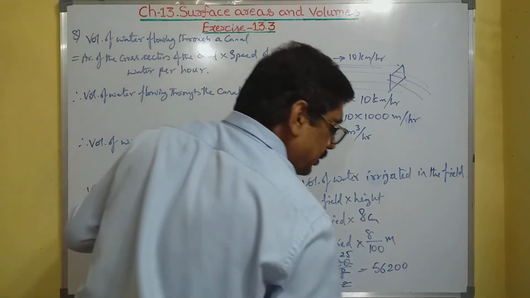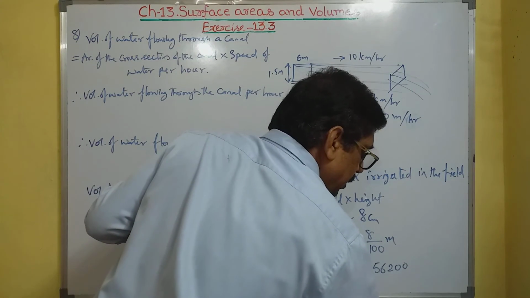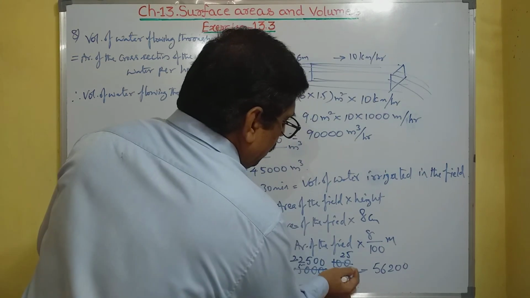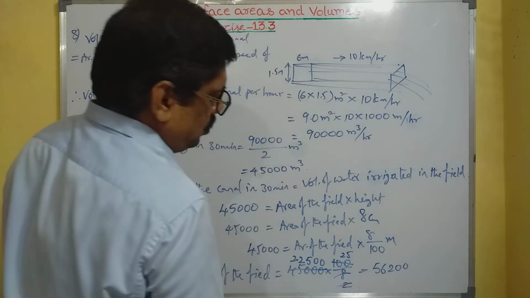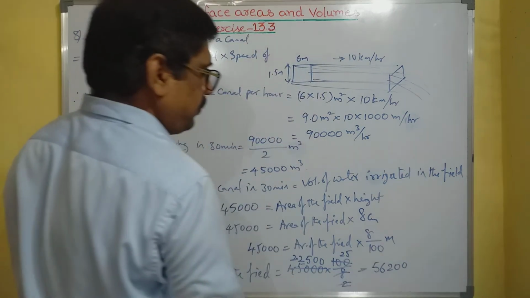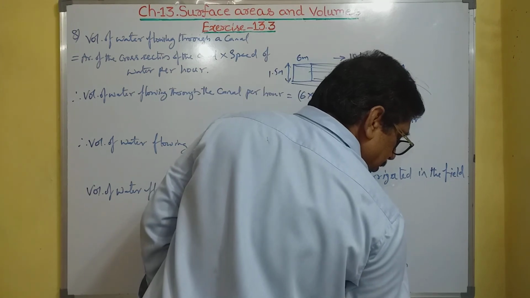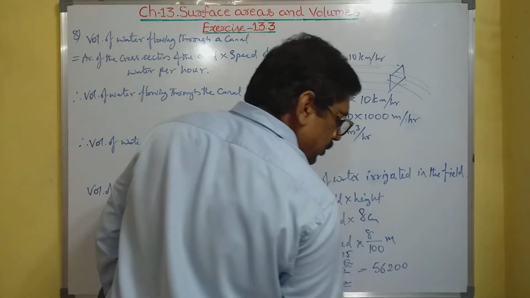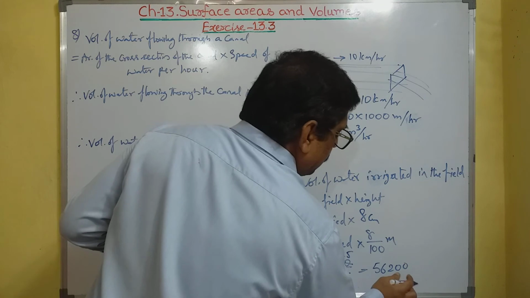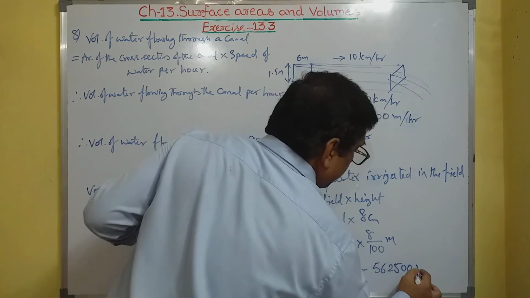Now we get 45,000 into 100 by 8. Here 4 2s are 8, 4 25s are 100. Okay. Now we get finally 562,500. This is in meter square.